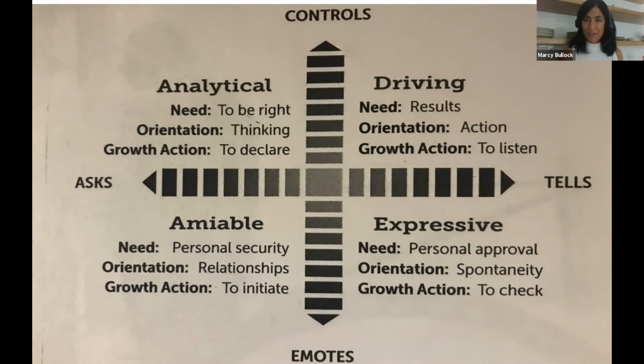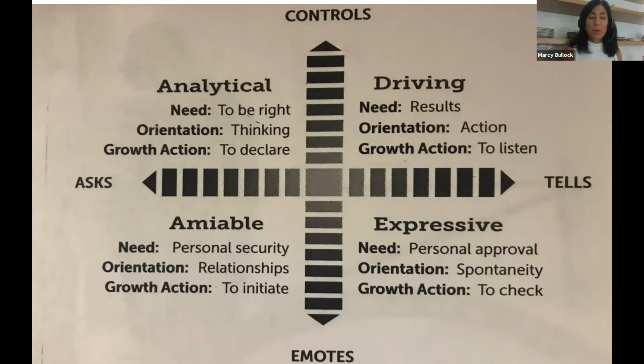So if you're a driver, you like results, you need them, you have an orientation to doing things and acting, but you could listen more. If you're an analytical, you have that need to be right. Yeah, I see some people nodding. You have the orientation to thinking instead of acting. And your growth action is to declare.